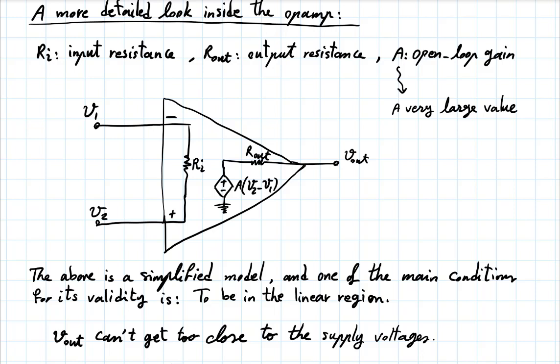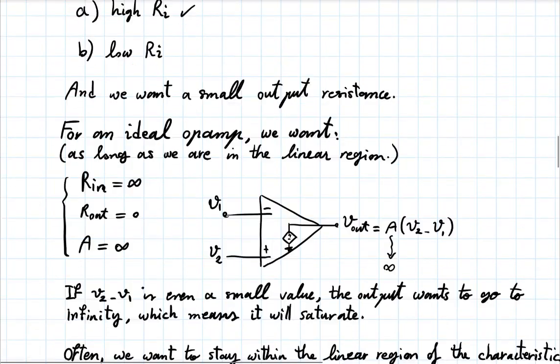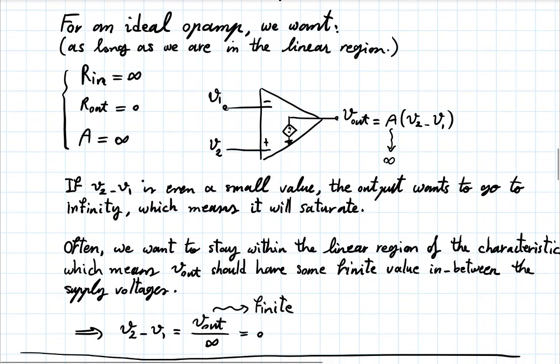Here, right? And the voltage difference at the input is dropped across the input resistance. In the ideal op-amp, the input resistance is infinity, and that's why the input current is 0. These are open circuits.